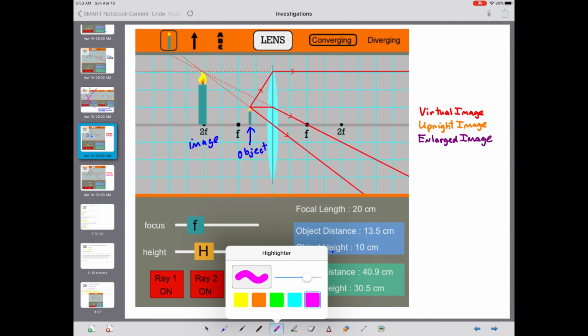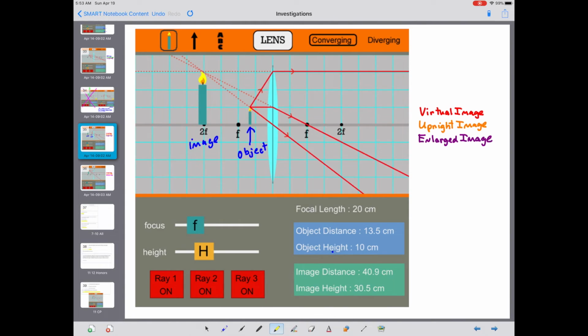I also want to emphasize this is a virtual image. Now, we know it's a virtual image because notice what we had to do. If you are over here viewing this image, your mind is going to have to follow those rays back. Notice the dashed lines here.